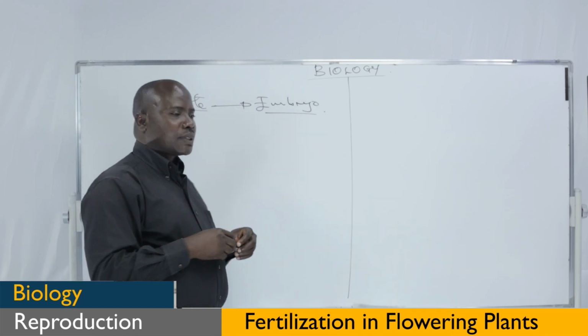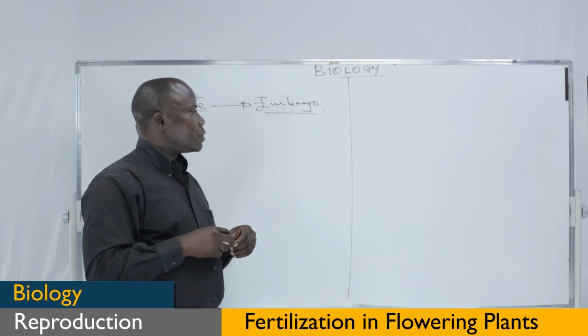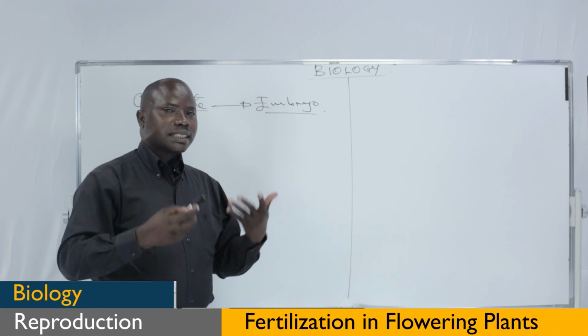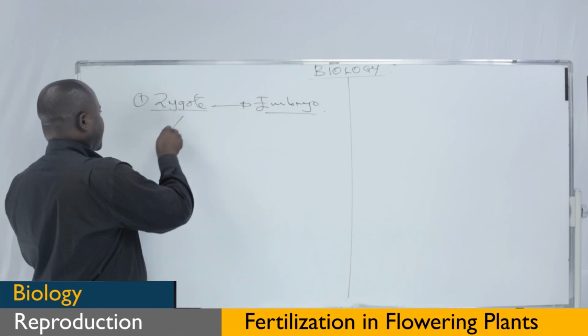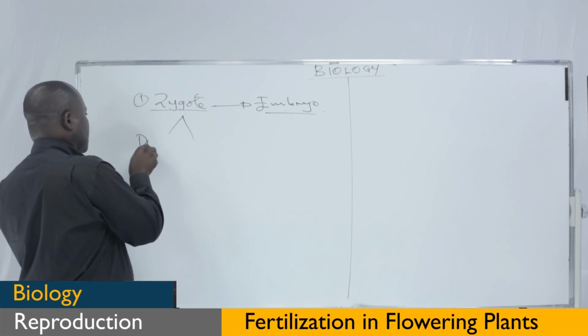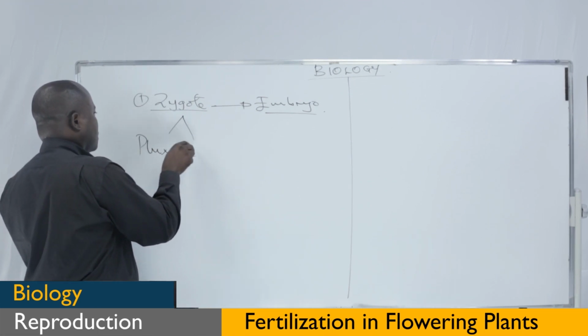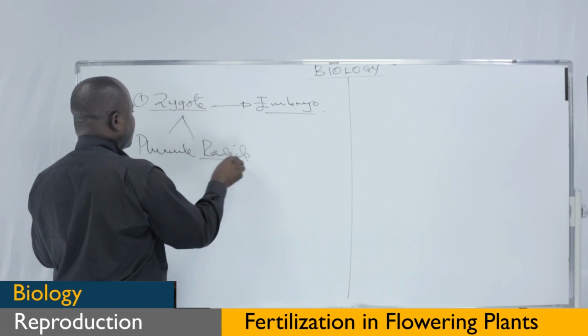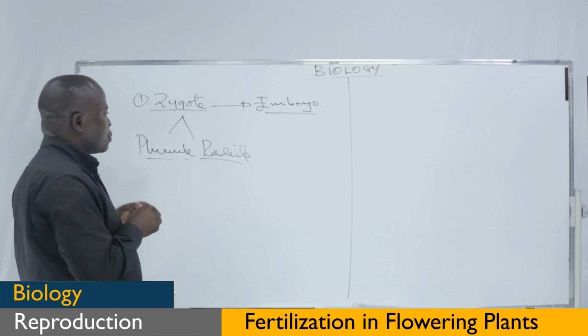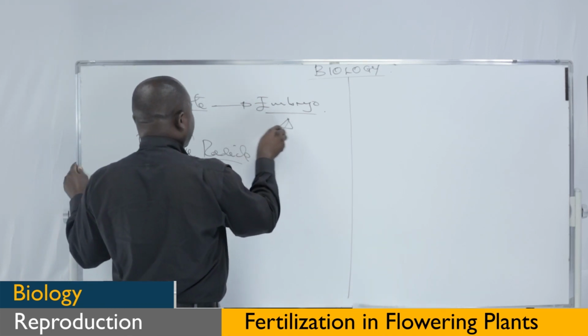The cells produced as a result of mitotic division undergo cell differentiation, producing two structures, the plumule and the radicle. These two form what is known as the embryo.